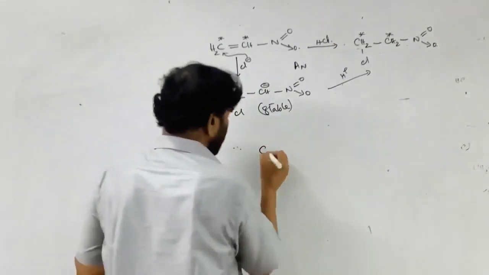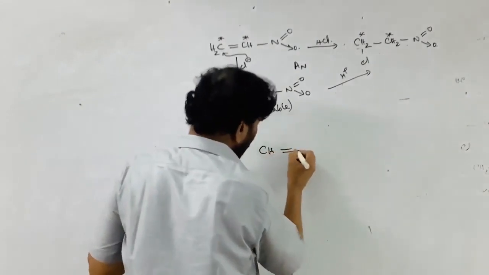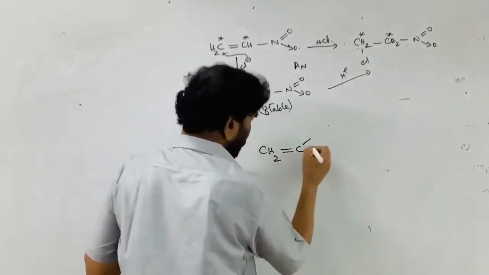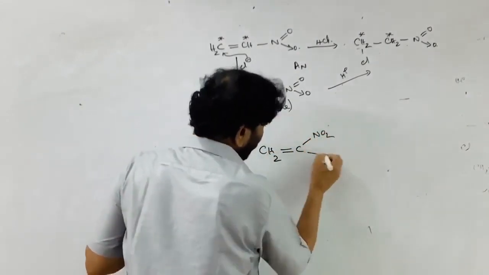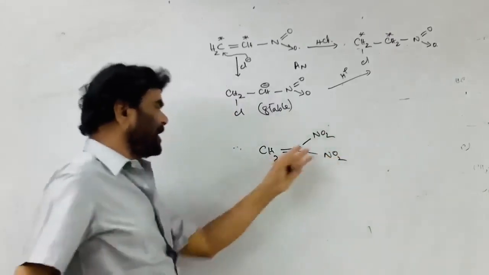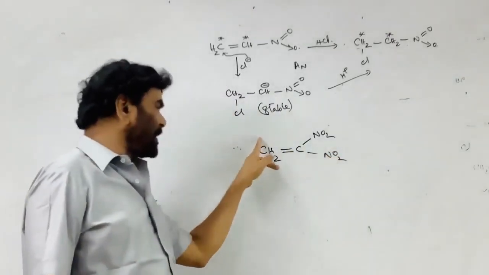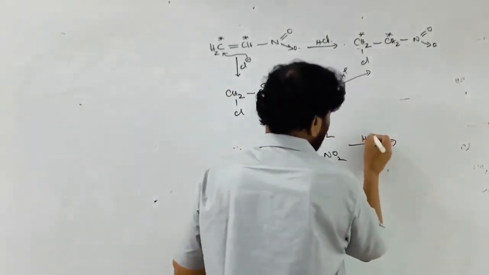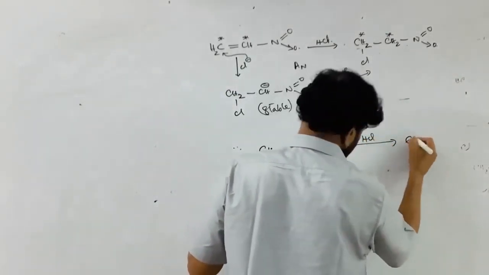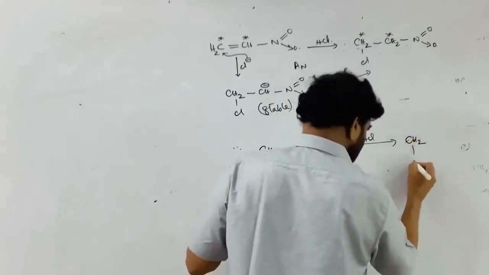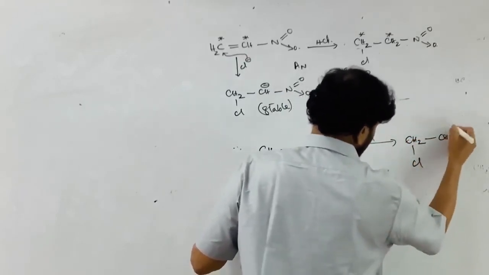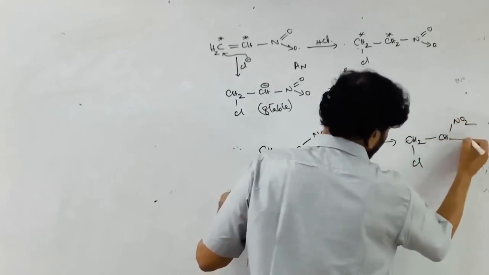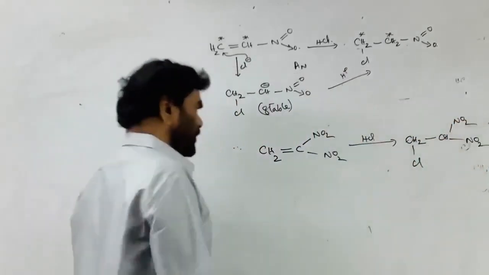Or it can be like this: CH double bond C, CH2 double bond, with two NO2 groups. There are two nitro groups. As the number of nitro groups increases, the positive charge on this carbon increases. On treatment with HCl or HBr or HCN, this is CH2Cl, CH, NO2, NO2, against the Markovnikov rule.